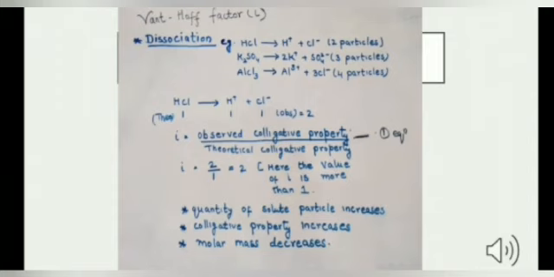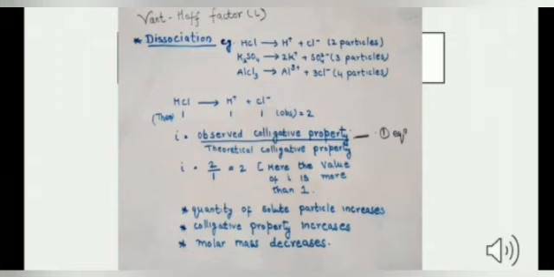Now putting this value, the observed value is 2, but theoretically it is 1. So i equals 2 upon 1, which comes out to be 2. Here there is an increase in the value of i. i is greater than 1.